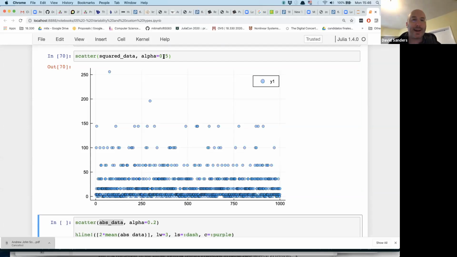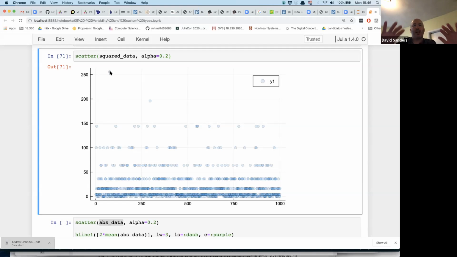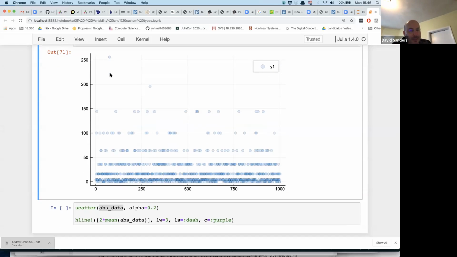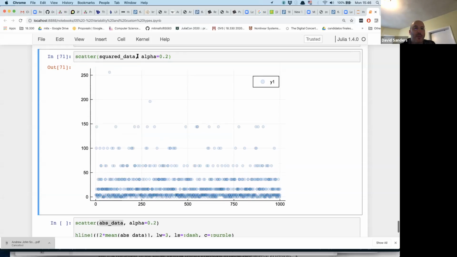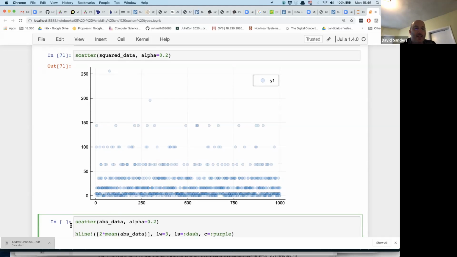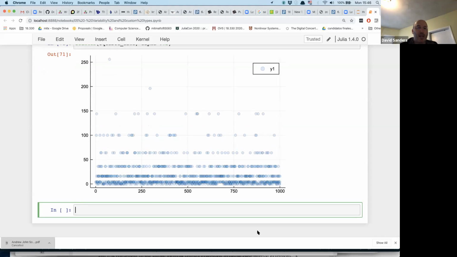And you see that, yeah, indeed, as I was saying, a lot of the stuff is concentrated now much closer to the origin than these extreme values. So the extreme values are being given more weight. Okay, it's just a choice. Maybe that's reasonable. Okay, so now we're going to do the same thing. So we've got squared data, and we can say, well, what is the mean of the squared data?